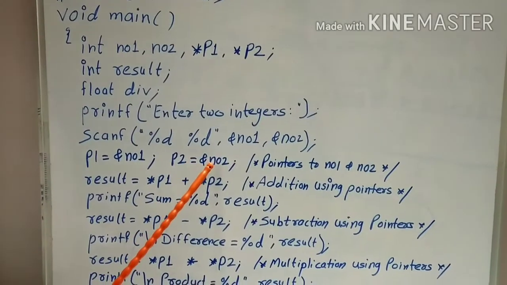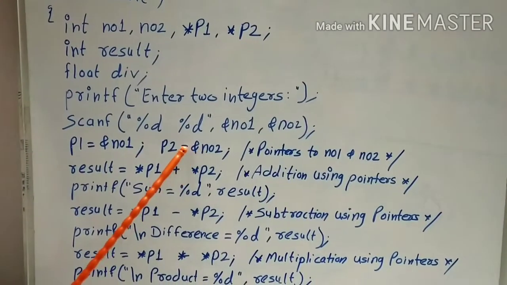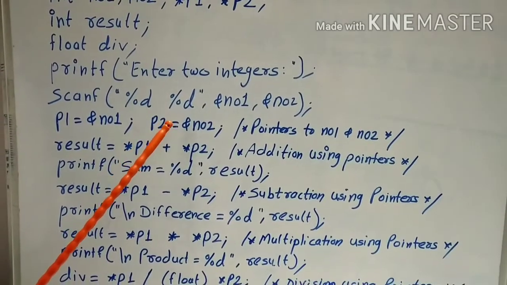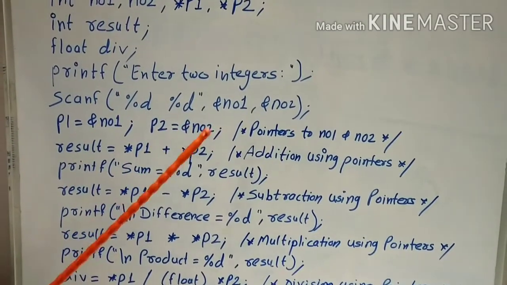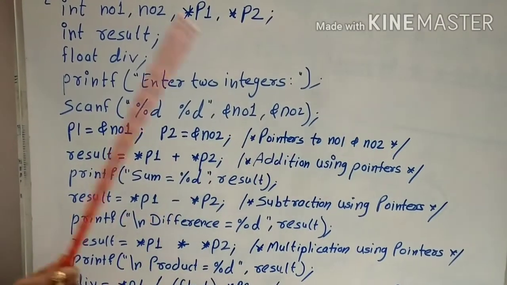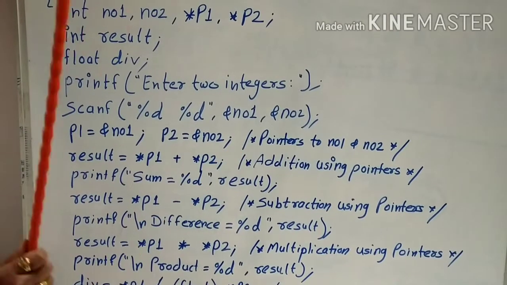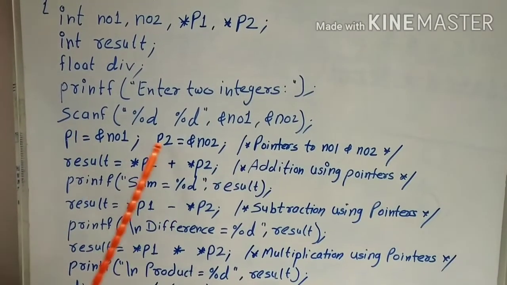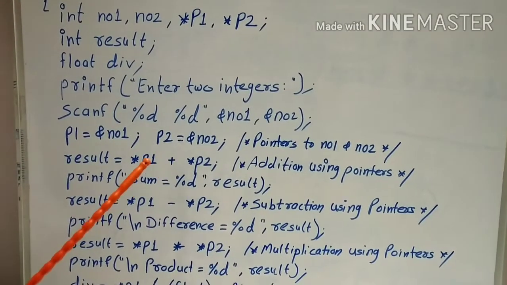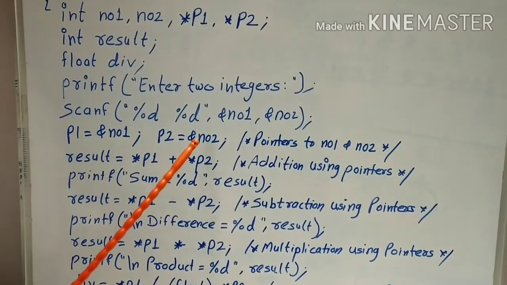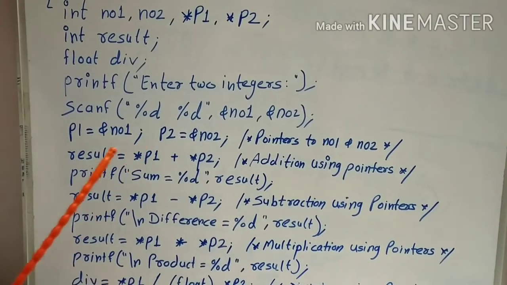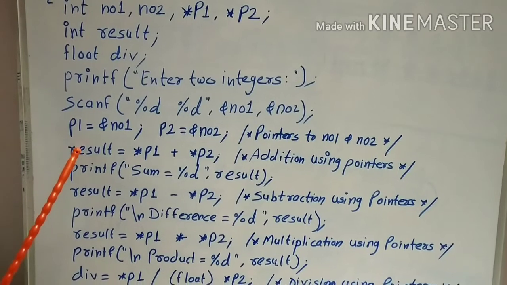Secondly, I assign the address of NO2 to P2 so that P2 will become the pointer to NO2 variable. So like this we have initialized the pointers to NO1 and NO2. Now after initialization of these pointers, in further arithmetic operations, instead of using NO1 and NO2, we will use P1 and P2.